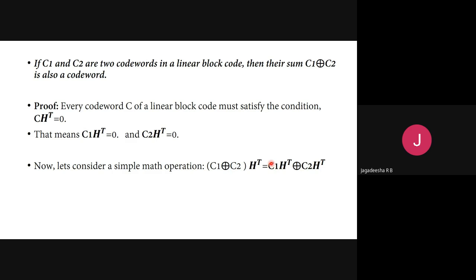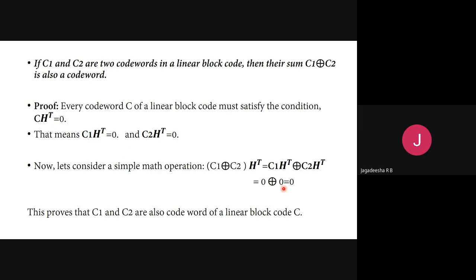So this comes from here. C1 into H transpose is 0 here, which comes from the general property. C2 into H transpose is also 0. So when we have zeros, what happens? 0 is a code word, right?